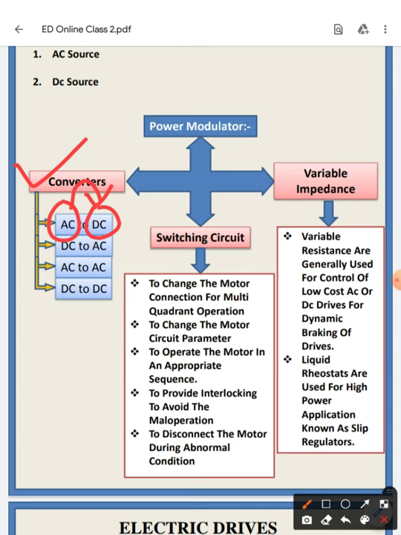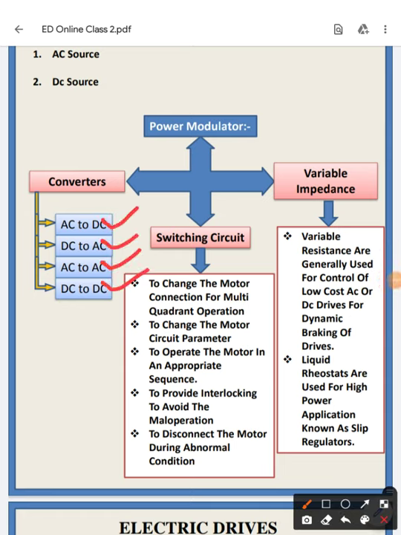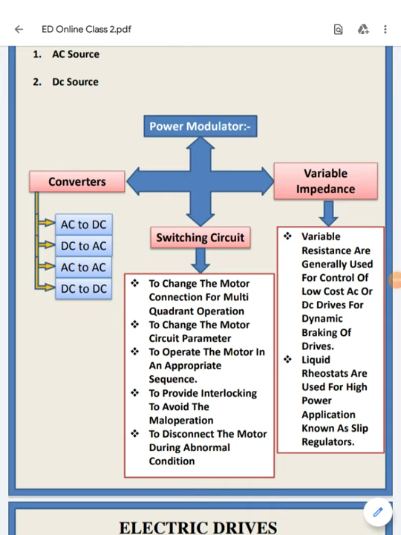So in that case also you have to go for the power modulator. Inside the power modulator you will find the converter, and the converter can change AC to DC, DC to AC, AC to AC, or DC to DC.